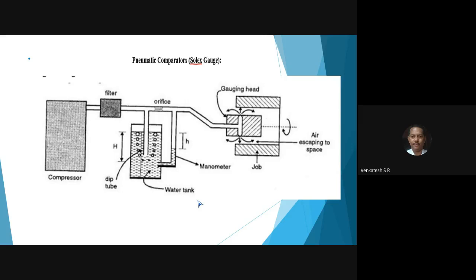Till today, this type of back pressure gauge is manufactured by Solex Industries. Throughout the world, nobody else manufactures the back pressure gauge, only one company manufactures it, that is Solex.